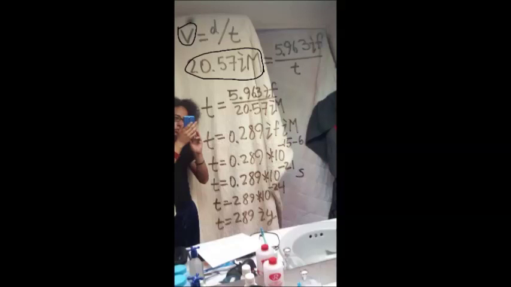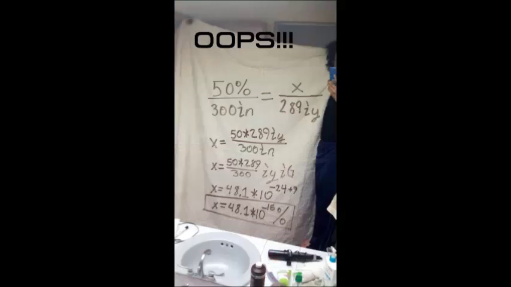Knowing that speed, you have to know how much time it takes for the particle to bounce between one part and another of the nucleus of the atom. In this case, it was 289 yoctoseconds.